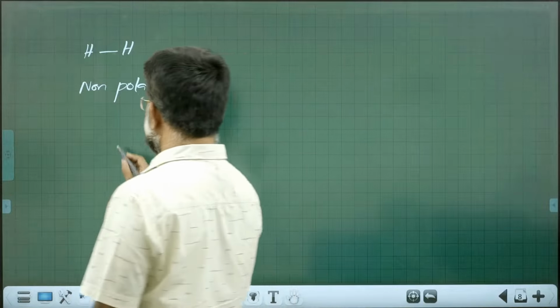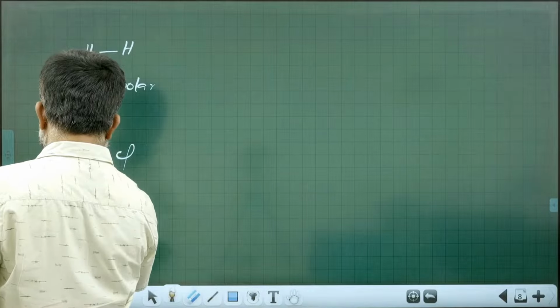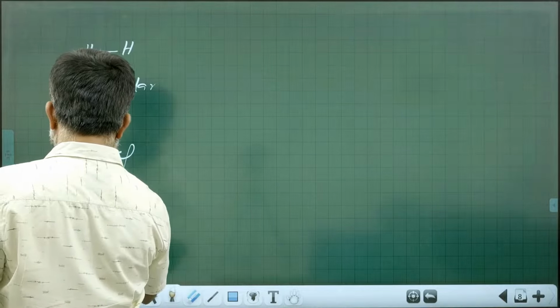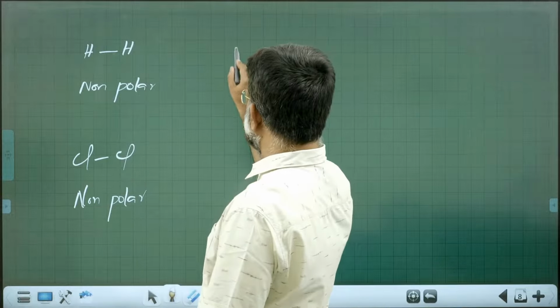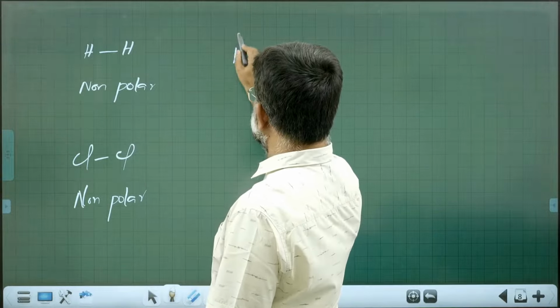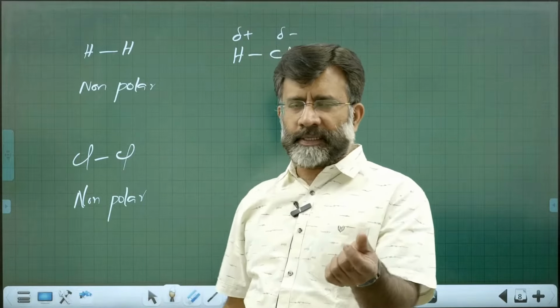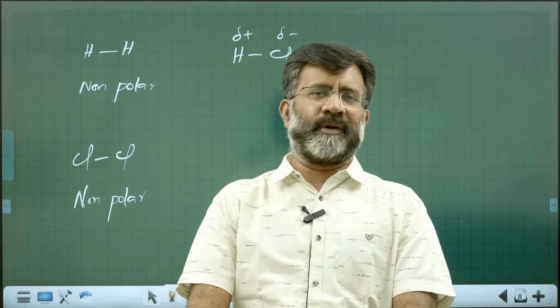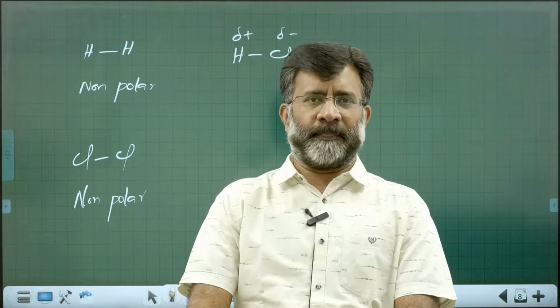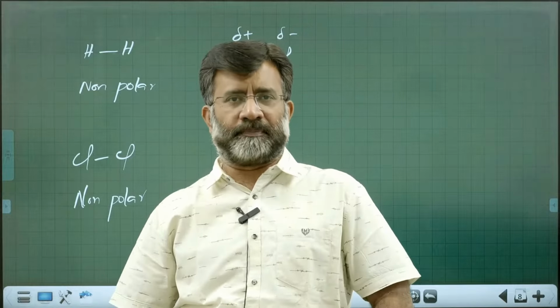What about Cl2? It is a non-polar molecule. There is no polarity, there is no charge separation. While if you take HCl molecule, there is polarity, there is charge separation: hydrogen H plus and chlorine Cl minus, because chlorine is more electronegative than hydrogen. This is what is called polarity. Polarity means a charge separation.